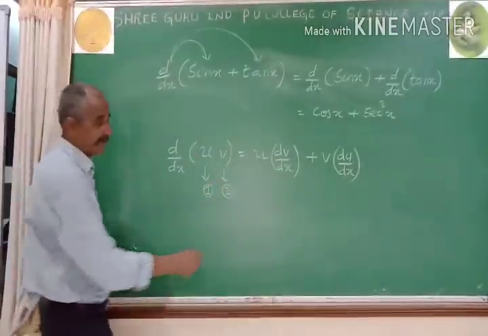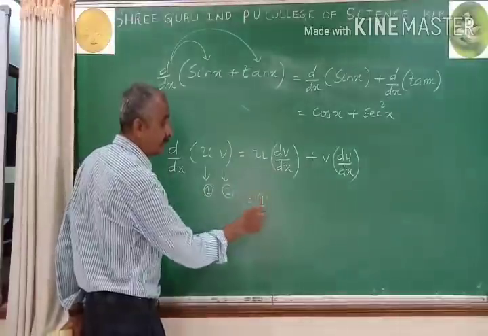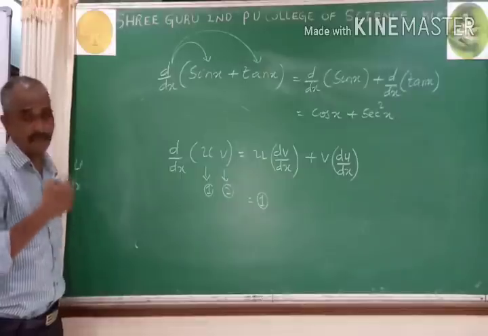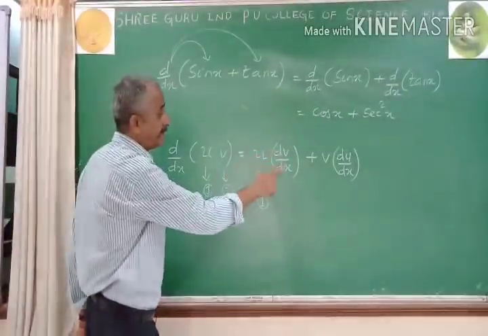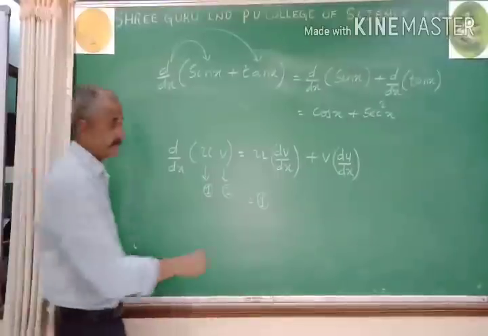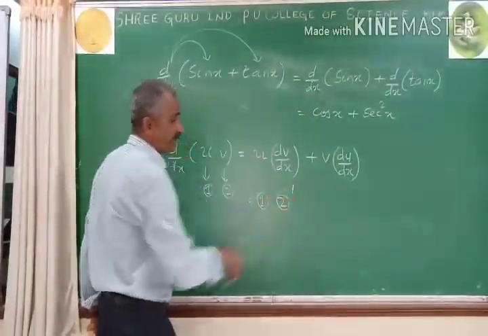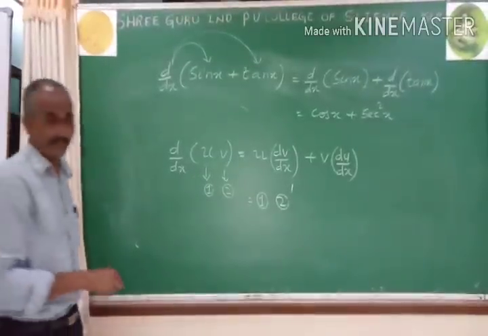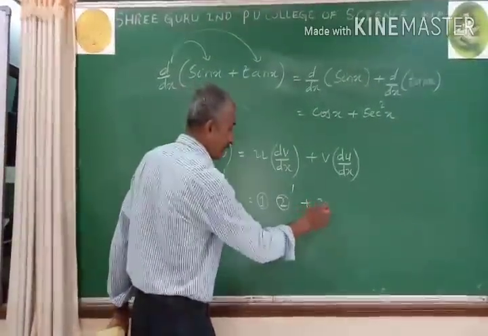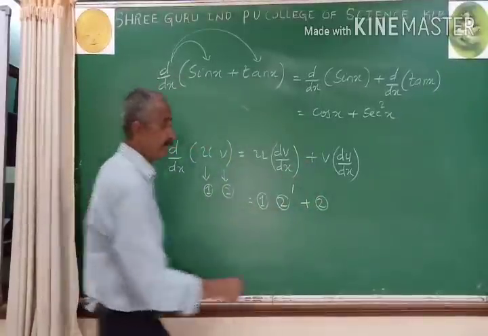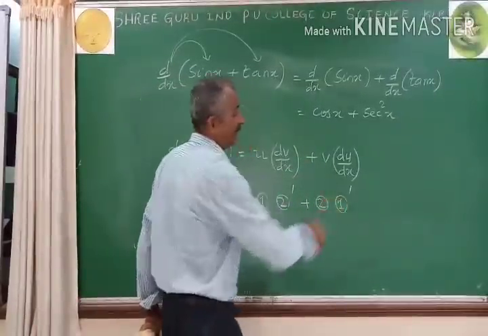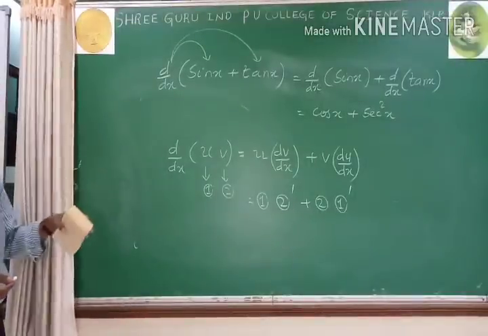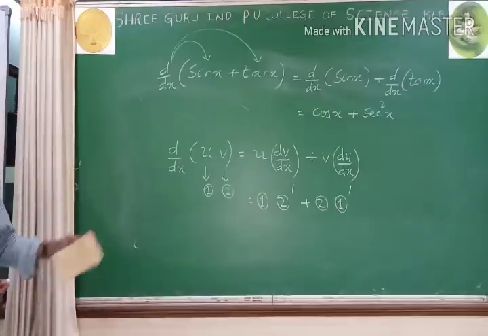This formula can be written as first function u as it is into dv by dx means derivative of second function, that is 2 dash. 2 dash stands for derivative of second function multiplied by first function as it is, plus now second function as it is multiplied by differentiation of first function, namely 1 dash. We can use notation dash or d by dx, does not matter, meaning remains same.